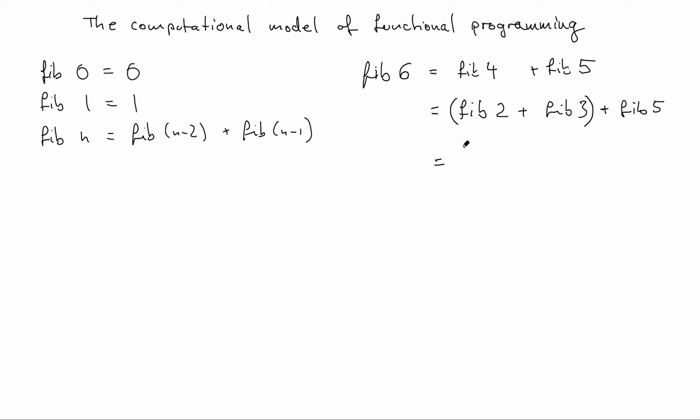So, for example, let's replace fib of 2 by fib of 0 plus fib of 1. And then we still have the fib of 3 around and the fib of 5 around.